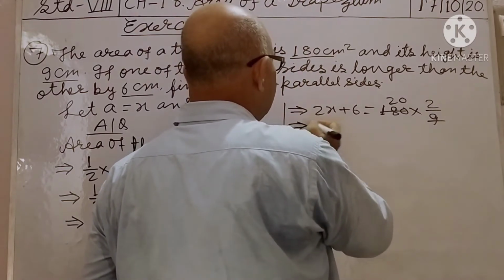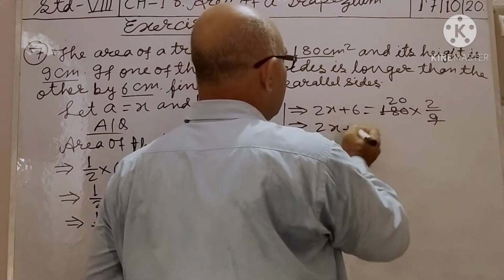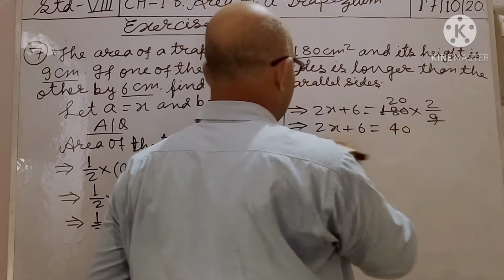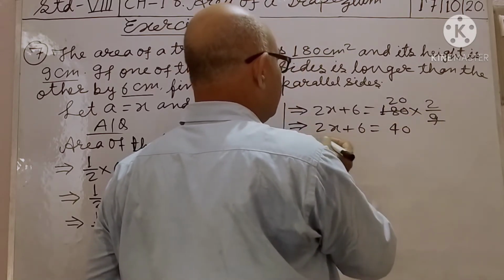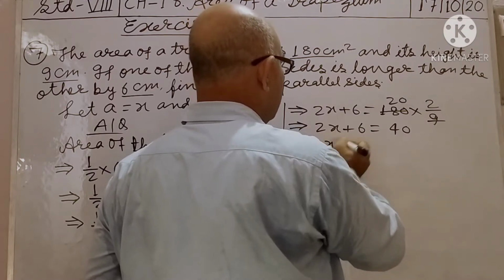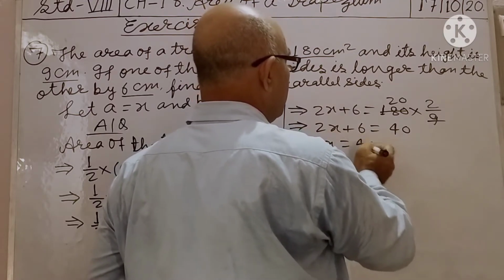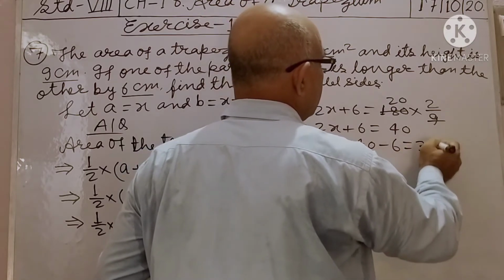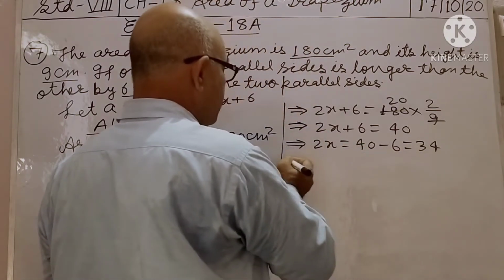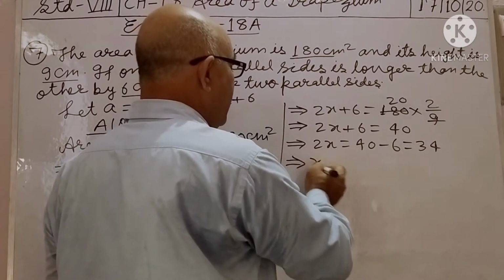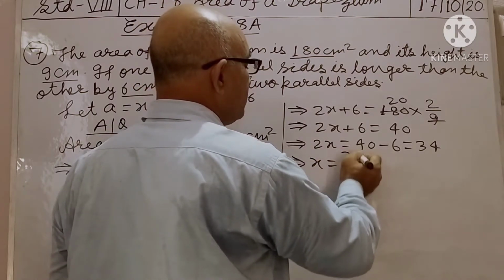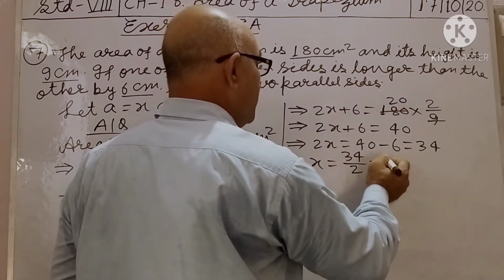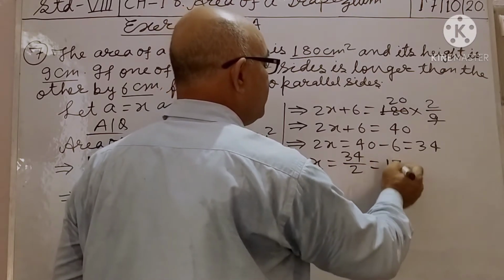That implies 2x plus 6 equal to 40. 2x equal to 40 minus 6 equal to 34. That implies x equal to 34 by 2 equal to 17 cm.